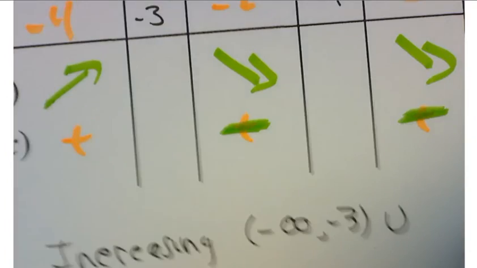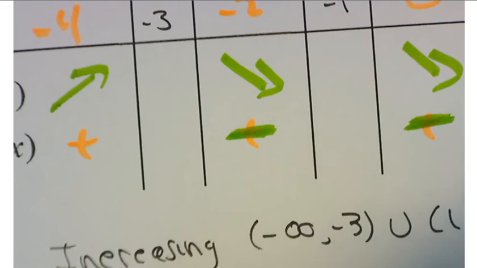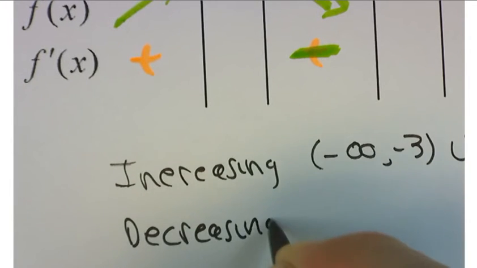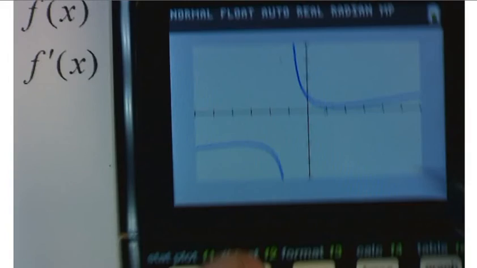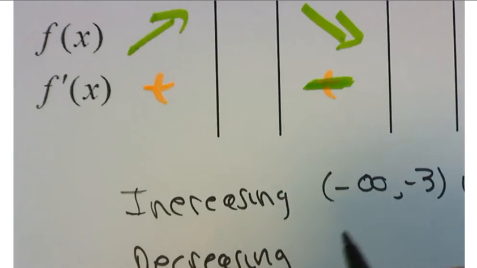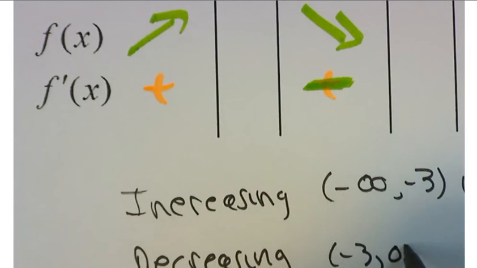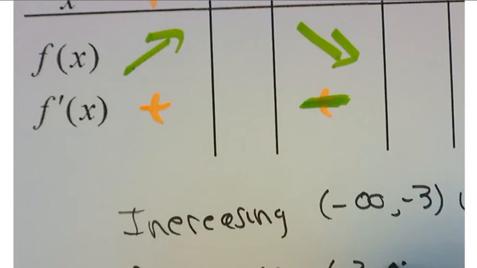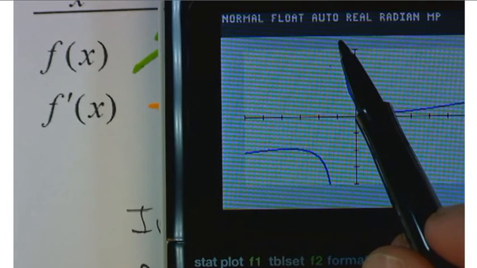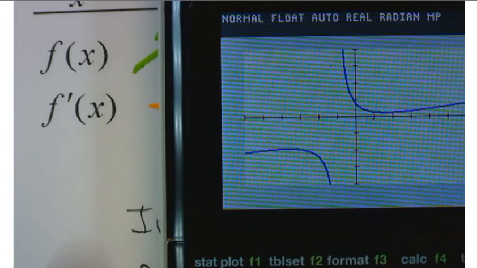So it's increasing from 1 to infinity, and then decreasing from, well, starts decreasing at -3 to, my bad, to -1. And once you cross that vertical asymptote, the function is still decreasing. It decreases from -1 to 1.